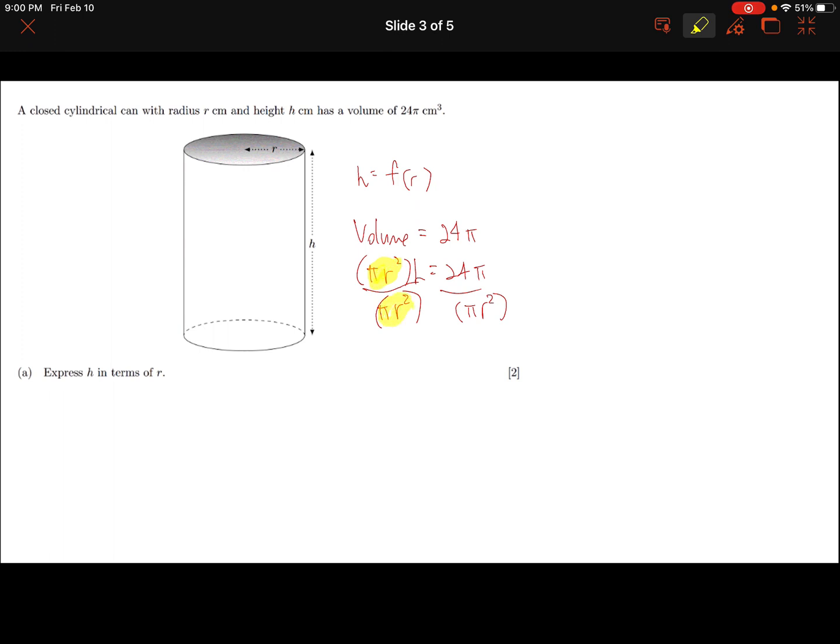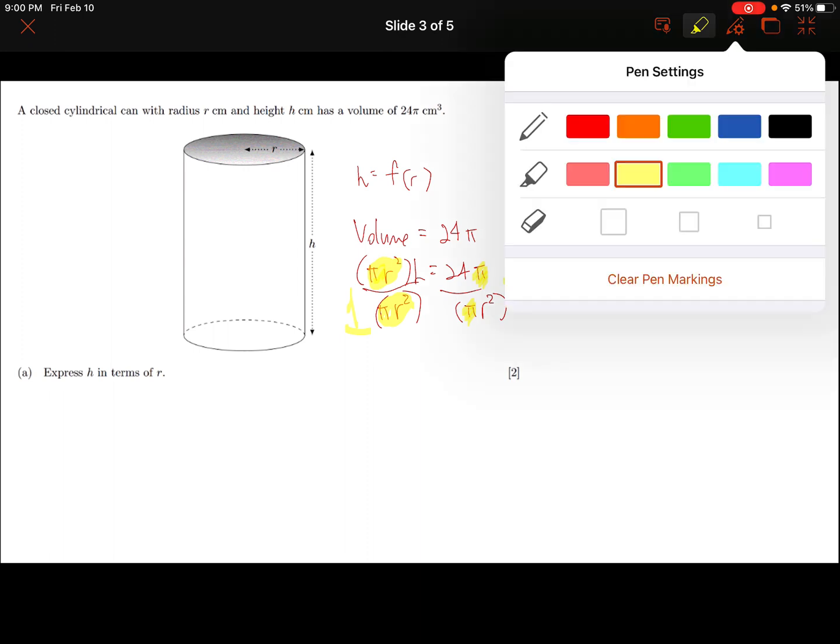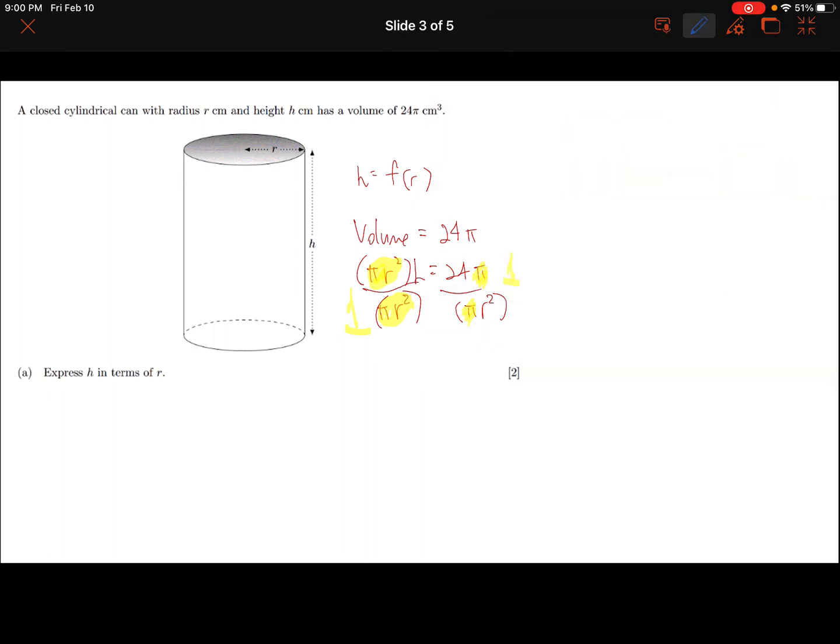Same thing here with pi. Pi divided by pi is basically another fancy version of 1. So that allows us to come up with the expression h equals 24 over r squared, final answer. Or alternatively, you can write that as 24r to the negative 2. So that's h in terms of r.